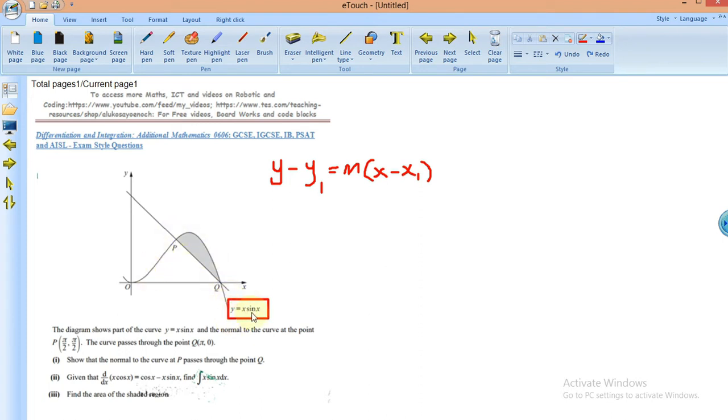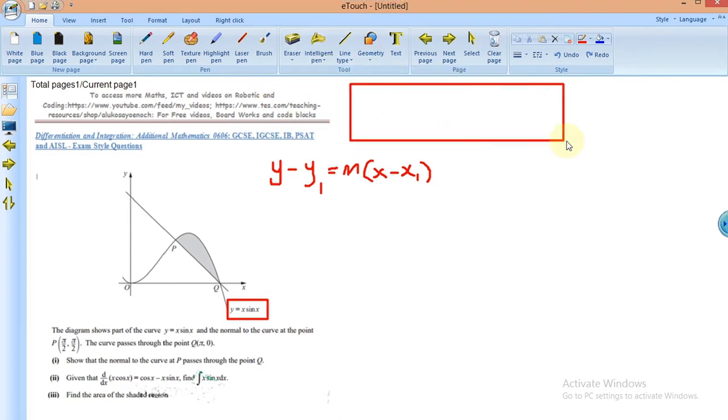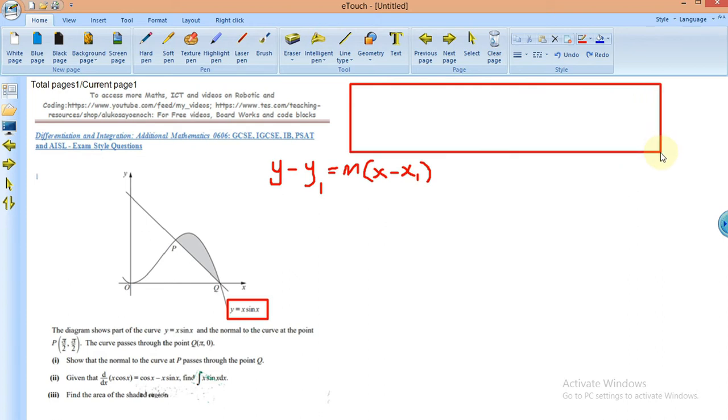To get the gradient for this function at point P (pi over 2, pi over 2), we have to differentiate this function. So I'm going to differentiate it, find dy/dx, then substitute this coordinate to get my m. Let me put it in this rectangular box and complete my differentiation here.